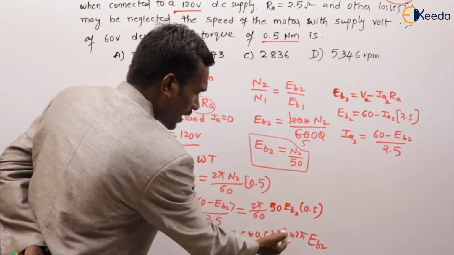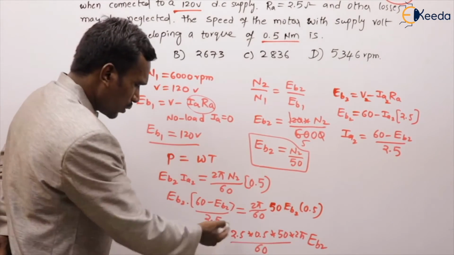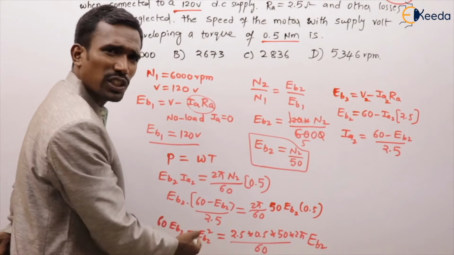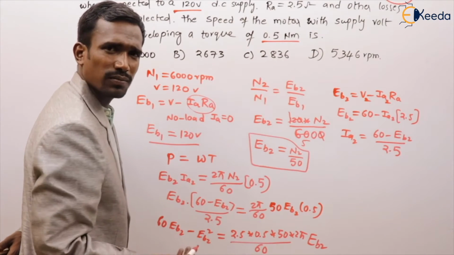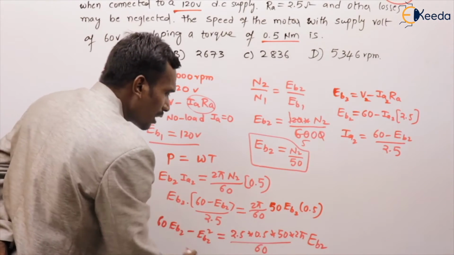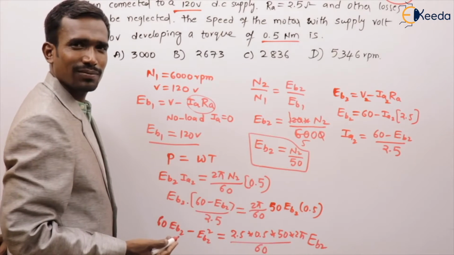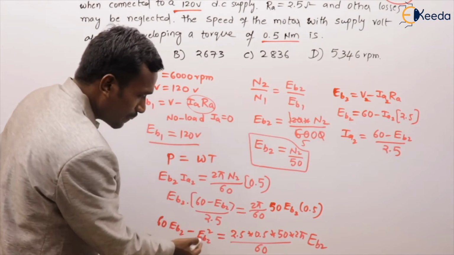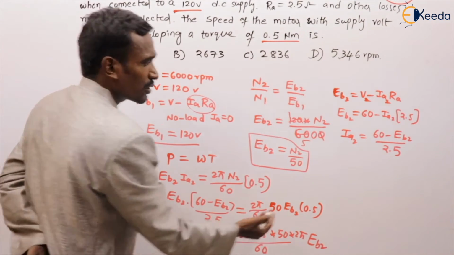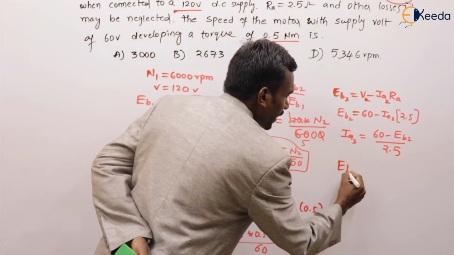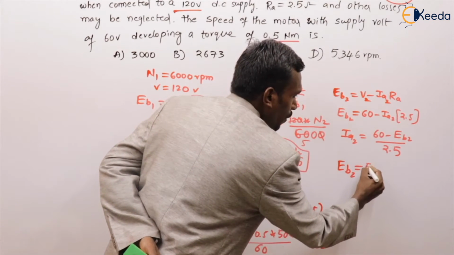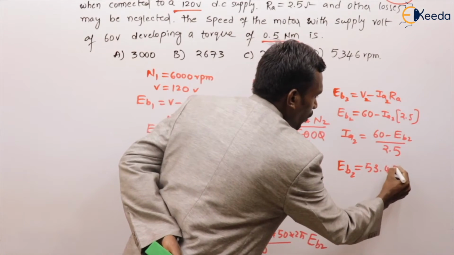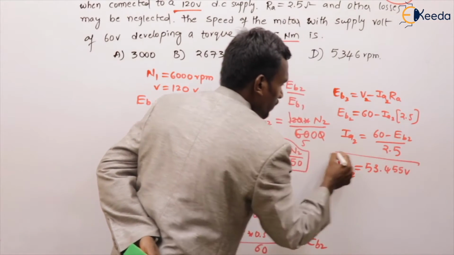So if you convert this, you get a quadratic equation. If you solve this quadratic equation, you can get EB2 as 53.455 volts.